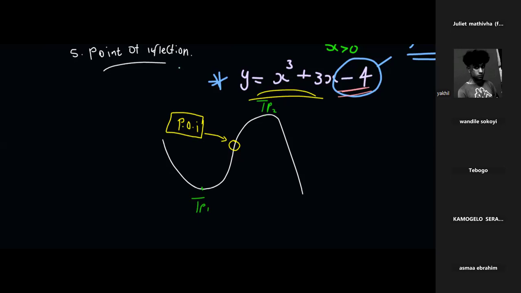The formula will be x of TP1 plus x of TP2, all divided by 2, which is the average. You take the x value of turning point number 1, add the x value of turning point number 2, and divide by 2, then it gives you the mid average. Am I making sense?